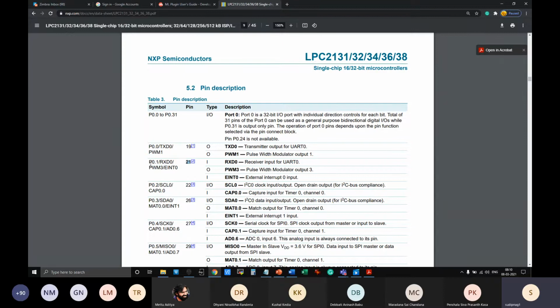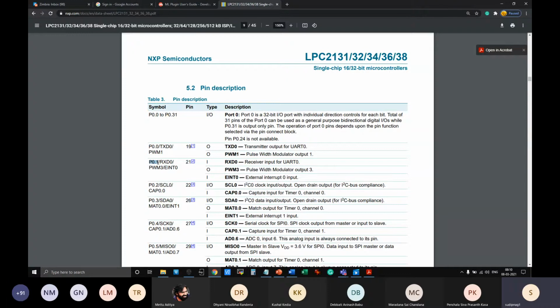If you consider a pin like pin number 21, you can see there are lots of alternate functions. In this case, there are 4 different purposes of this particular pin. The basic purpose is port 0.1. There are 2 ports in the ARM7 microcontroller in this series, port 0 and port 1, and port 0 has up to 32 pins.